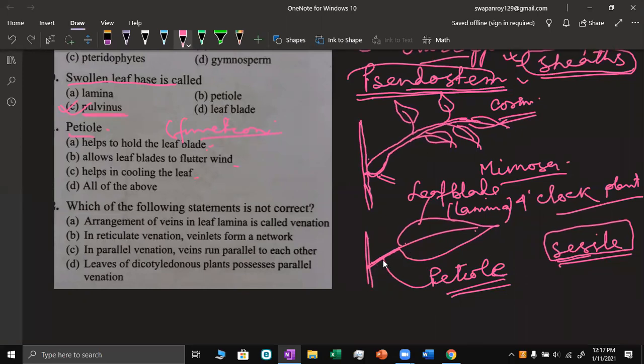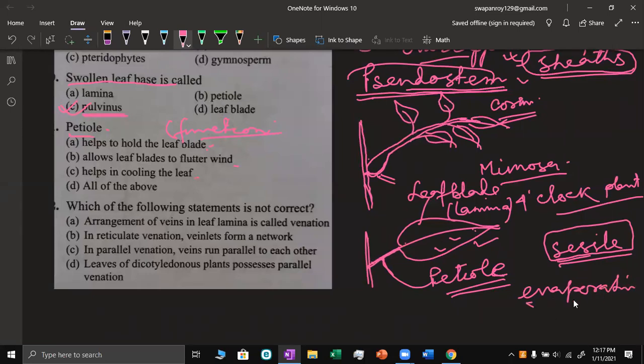Due to this long petiole, in windy conditions the leaf blade can move with the wind, and ultimately this helps in faster evaporation, that is faster transpiration.